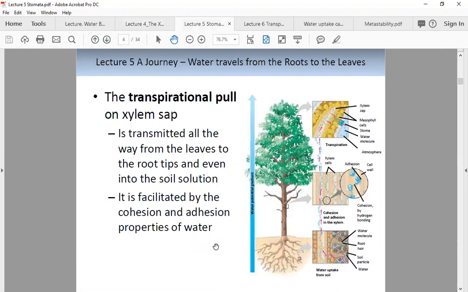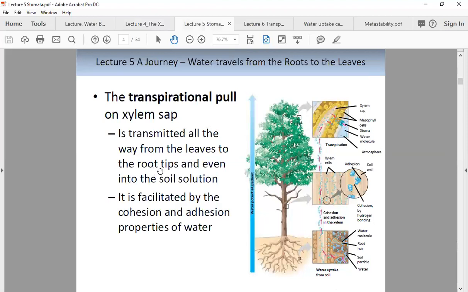All right, now we're going to look at more detail at water movement. You're all familiar with the concept of the transpirational pull on xylem sap, and we know that this is transmitted all the way from the leaves to the root tips.